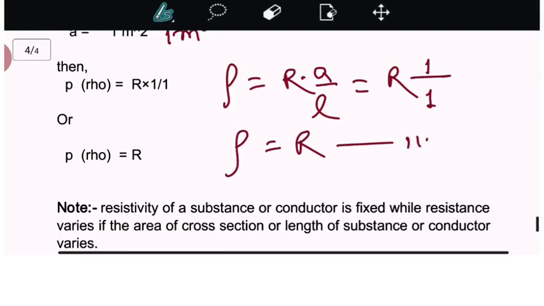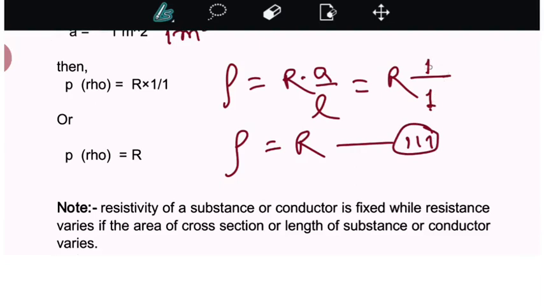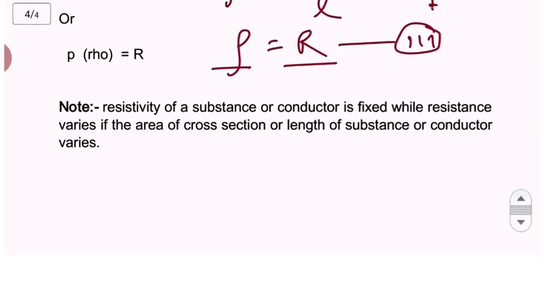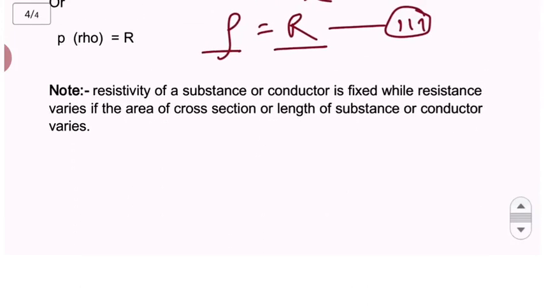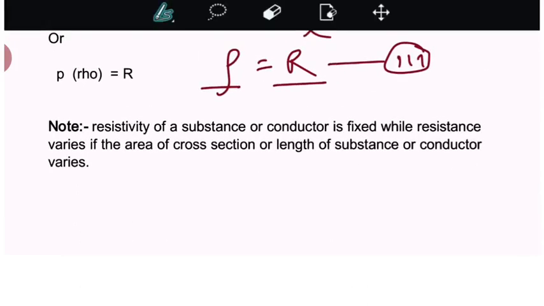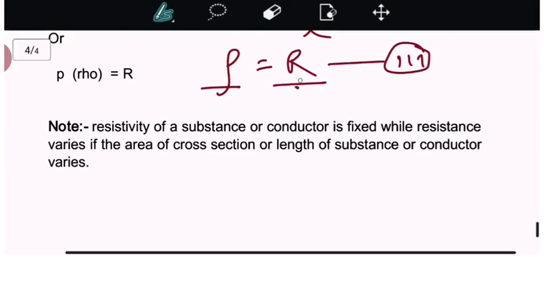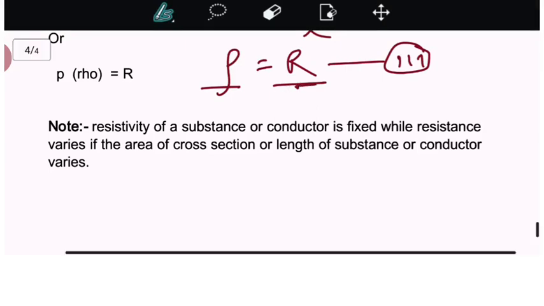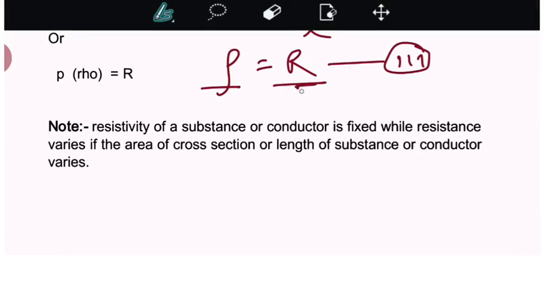So when will rho be equal to R? If the length of the conductor is 1 meter and the area of the conductor is 1 meter square, in that case rho will be equal to R. Hence it is defined as the resistance offered by a conductor having length 1 meter and area of cross section 1 meter square.